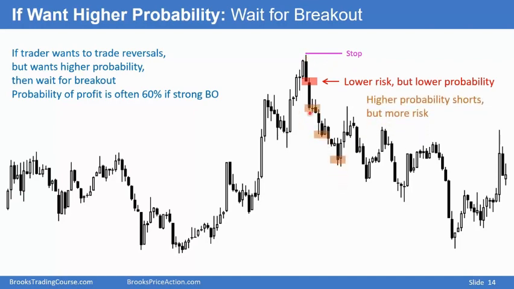Yet, if you sell here after 2 big bear bars closing on their lows, or here at the bottom of a 6-bar bear micro channel, or here, you have a higher probability of making money, but your stop is still up here. The risk is greater, and there's less profit potential remaining in the trade. So smaller reward, greater risk, and that always accompanies higher probability.